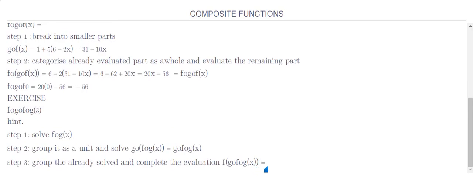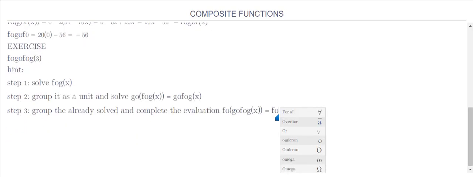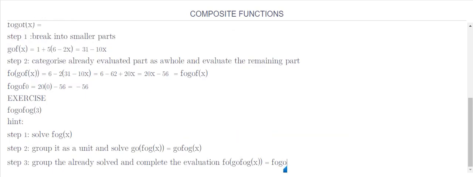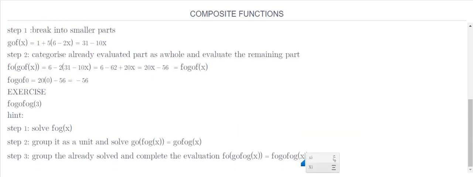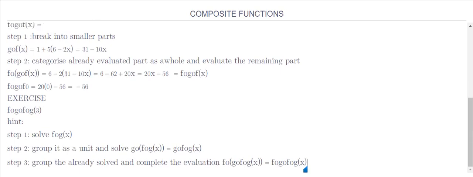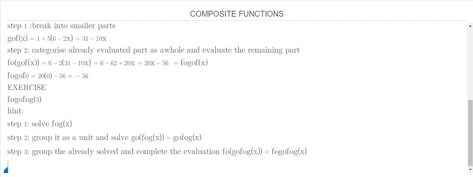And we are saying this is the same as, let me put off here. Of course I'm not supposed to put off and bracket at the same time, but I'm using that for explanation purposes: f of g of f of g of x. Now you have gotten your f of g of f of g of x. Now from there, in the answer that you have, substitute 3 instead of x.